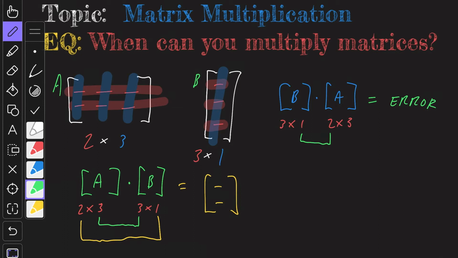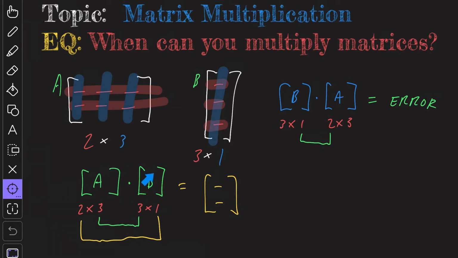So it's kind of interesting that A times B is doable, but B times A is not doable. So it's a little weird. You got to watch out for that. Every time we look at one of the first problems, we'll see if we can do it first, and then we'll go ahead and try to do it if we can. I'm going to show you guys how to do this all on the calculator. Normally, in normal lessons, we would show you how to do this by hand. It's kind of a tricky process.